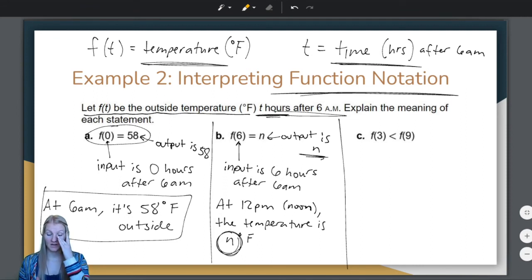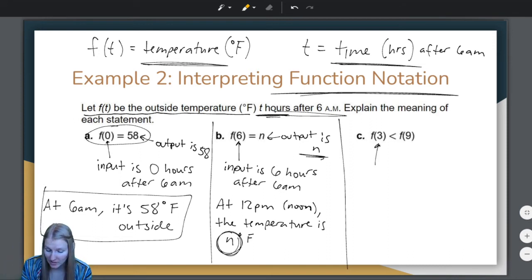All right. Now, lastly, we don't even have any equal signs. We just have f of 3 is less than f of 9. What does f of 3 mean?